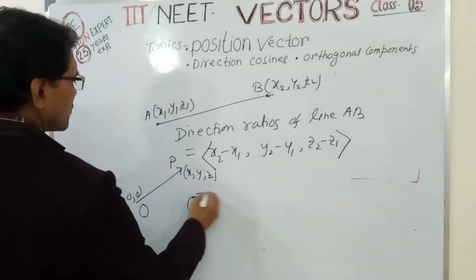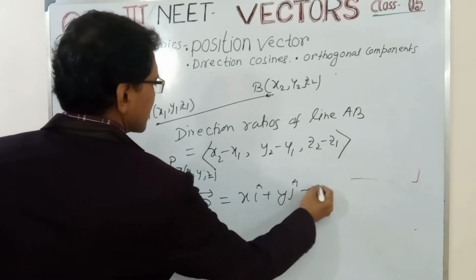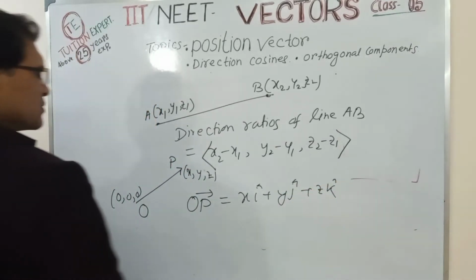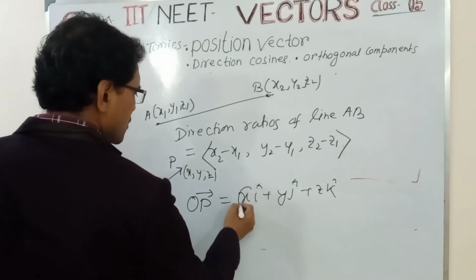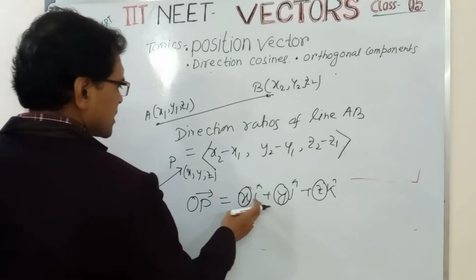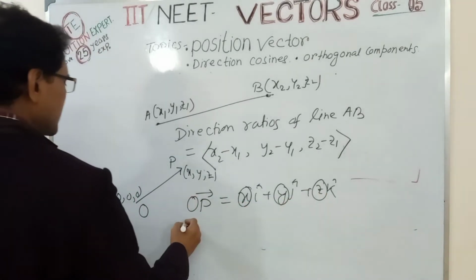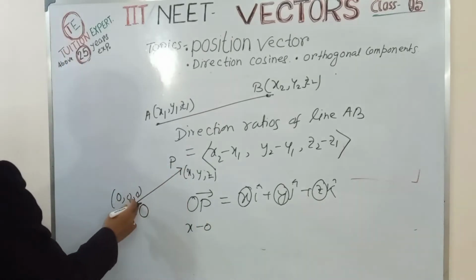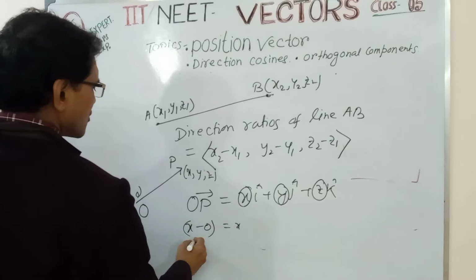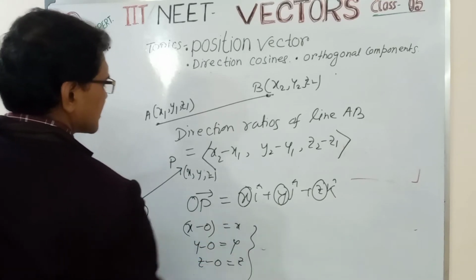We write the vector OP equal to this. So the direction ratios of this vector will be the coefficients of i, j, k, that is x, y, z, because x minus 0 equals x, y minus 0 equals y, z minus 0 equals z.